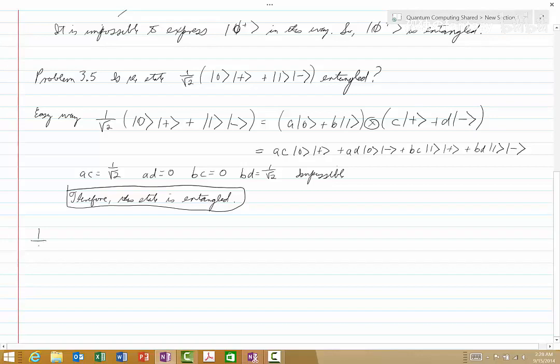So you'd have 1 over square root of 2 times 0 plus 1 minus is equal to A0 plus B1 tensor product with C0 plus D1.